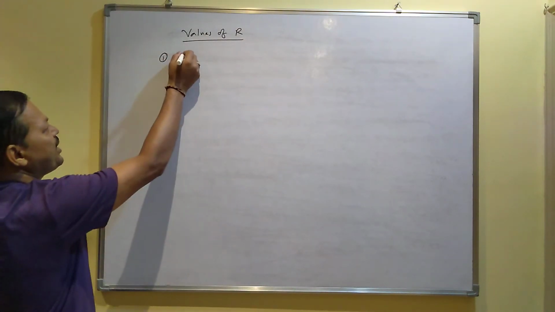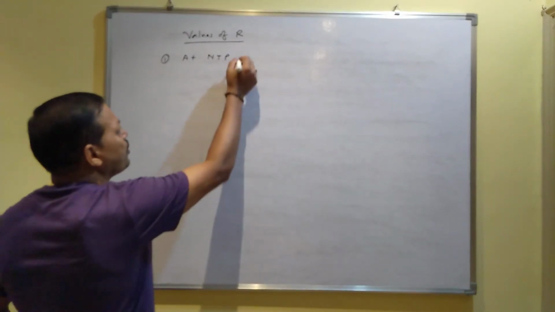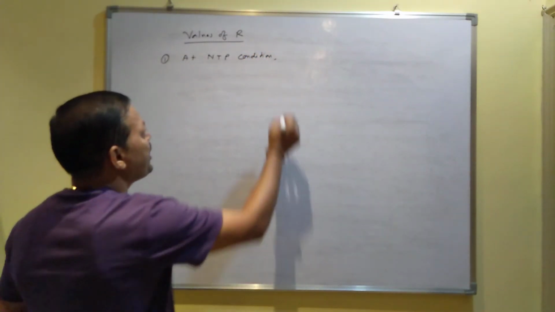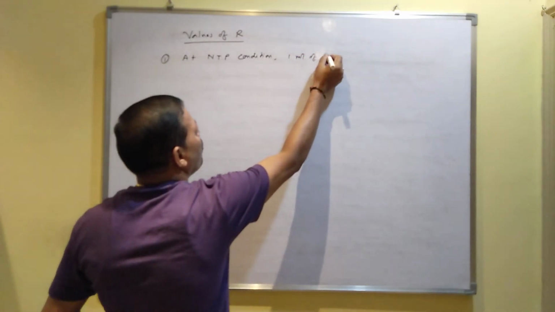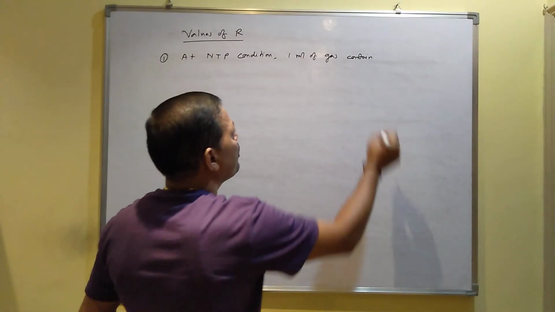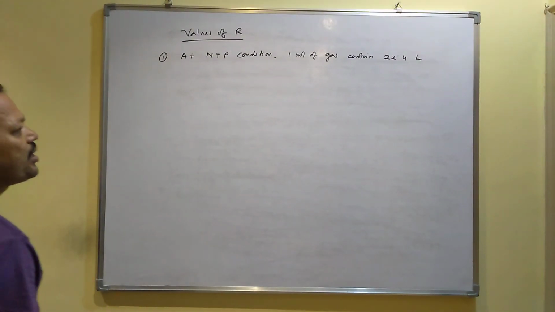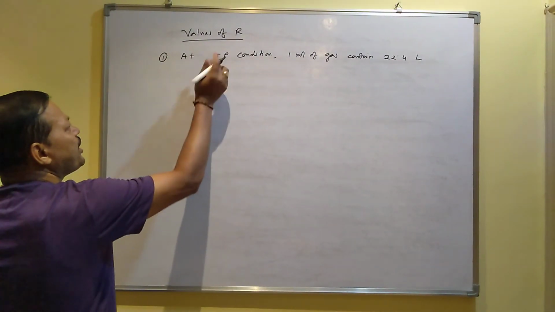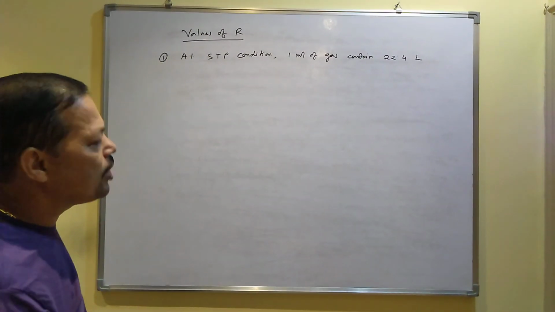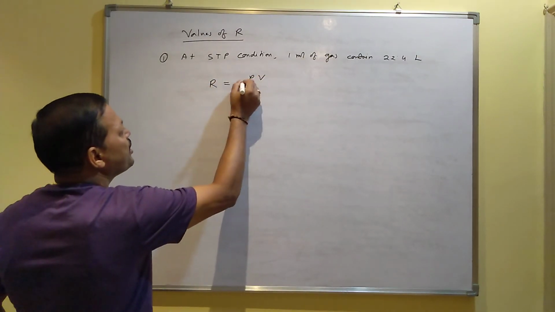As you know, at NTP, I mean normal temperature and pressure, at NTP condition, 1 mole of gas contains how much volume? It contains 22.4 liters. NTP means the STP, you can write STP also. So at STP, 1 mole of gas always contains 22.4 liters, which is called molar volume. Already you have got it in the first chapter. So you have got R is equal PV divided by nT.